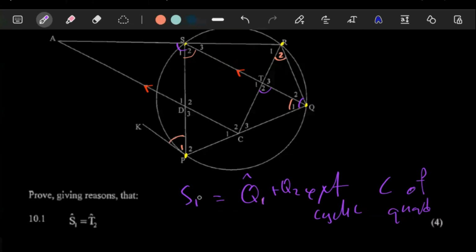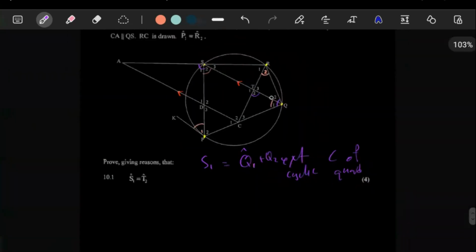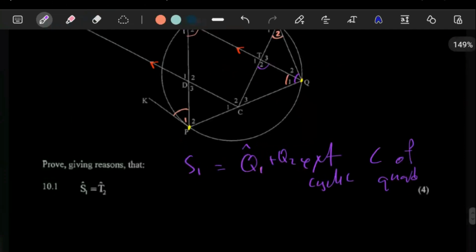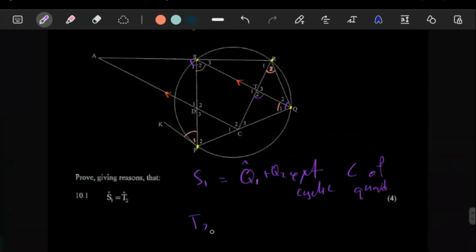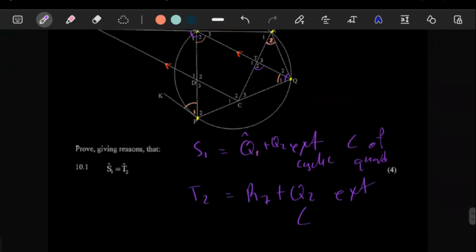With S1, we said it is equal to Q1 plus Q2. And with T2, since it's an exterior angle of R2 and Q2, and R2 is equal to Q1, let's go that route. So T2 is equal to R2 plus Q2. The reason is just exterior angle of a triangle.